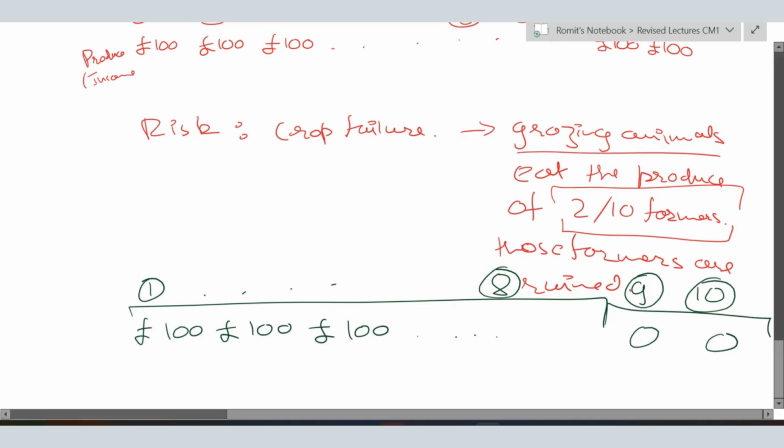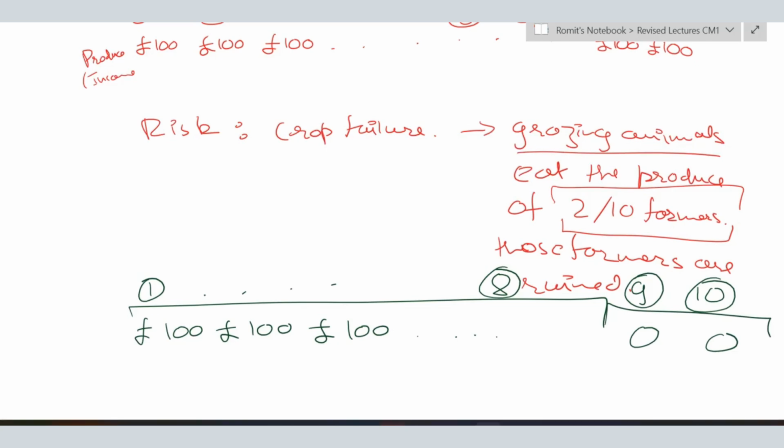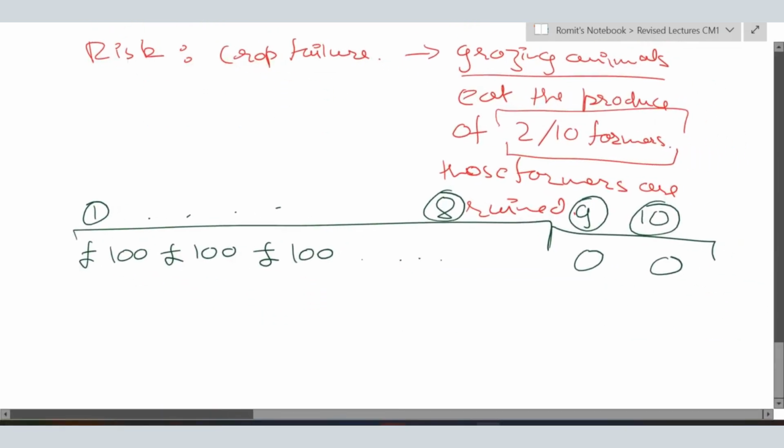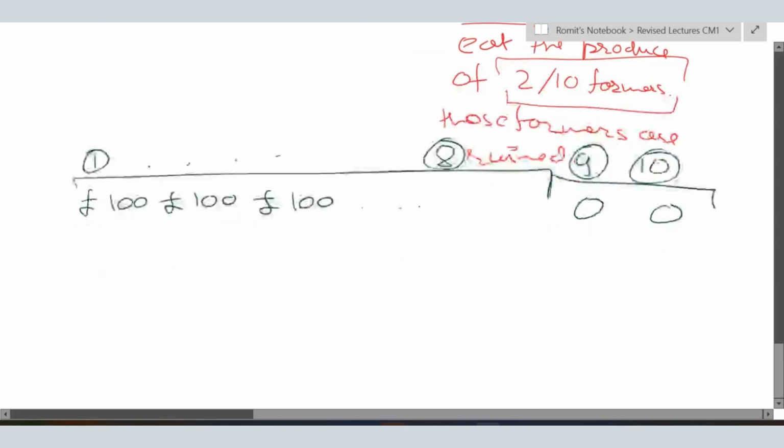Now let's say together they set up a village council, they talk to each other, and they decide that in any year, if some farmer loses their crop completely to these grazing animals, everyone else will contribute to compensate those farmers. And let's say they decide that they will contribute in such a way that all of their income becomes equal.